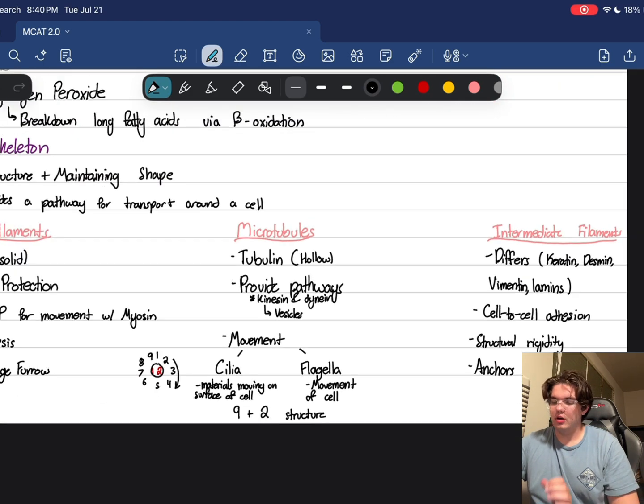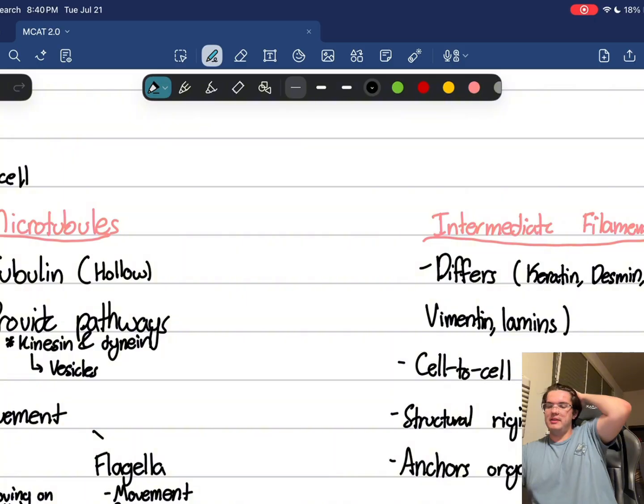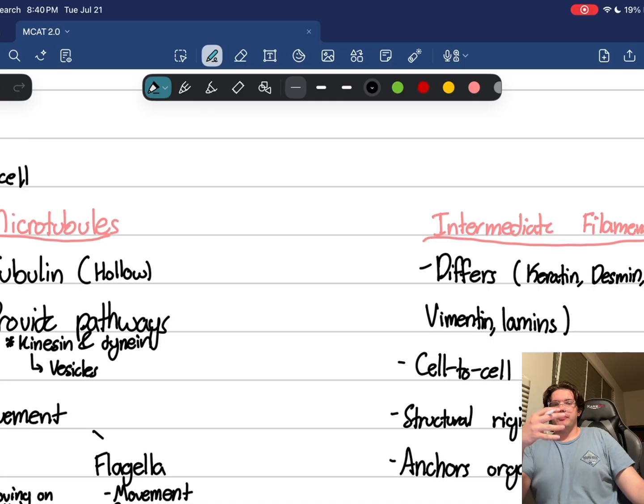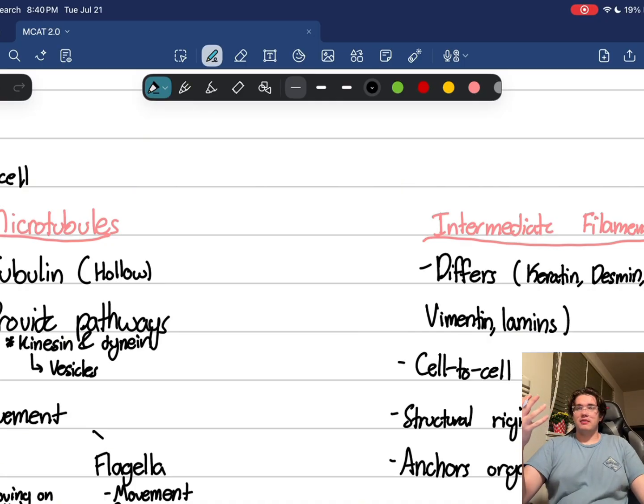Okay, so briefly going over intermediate filaments again. It has different proteins that make these intermediate filaments. Each happens on purpose for a specific function within the cell. And then the main things that an intermediate filament does is cell-to-cell adhesion, so holding a group of cells together.